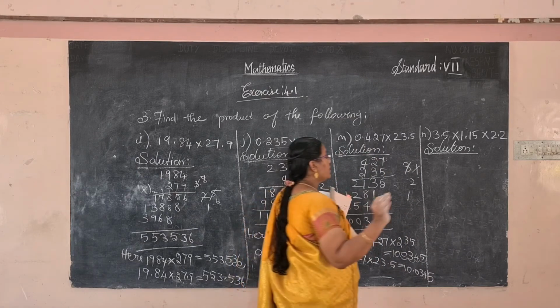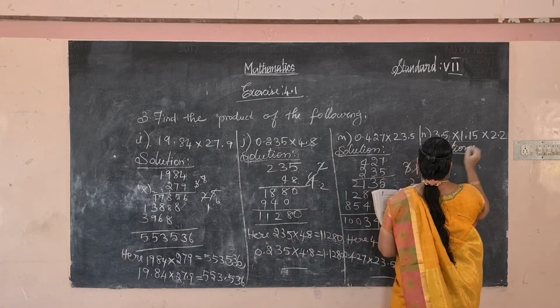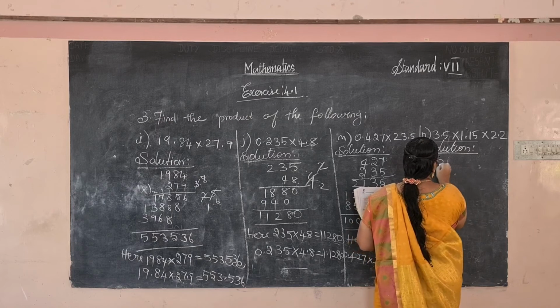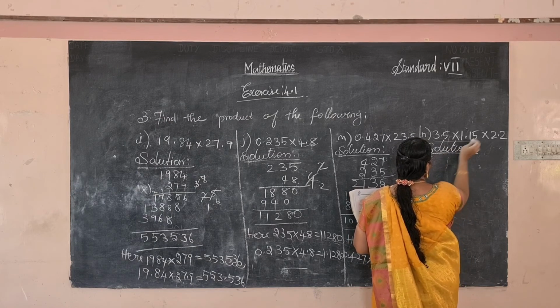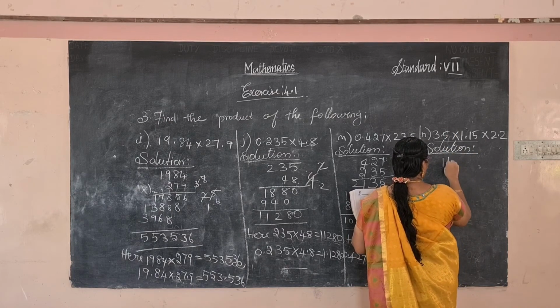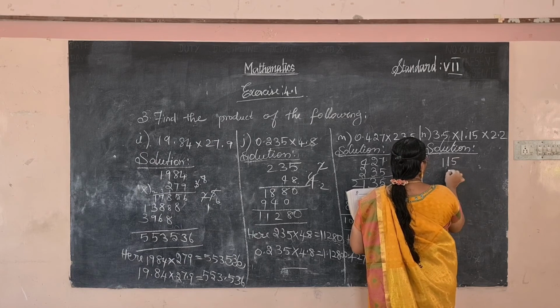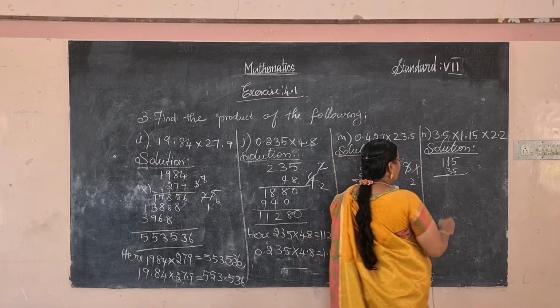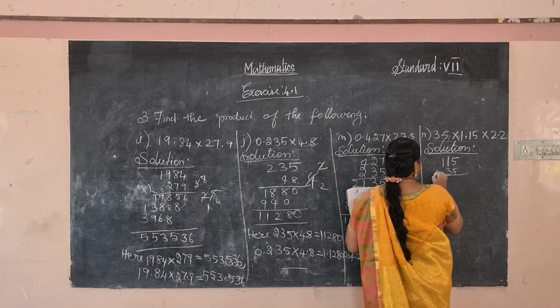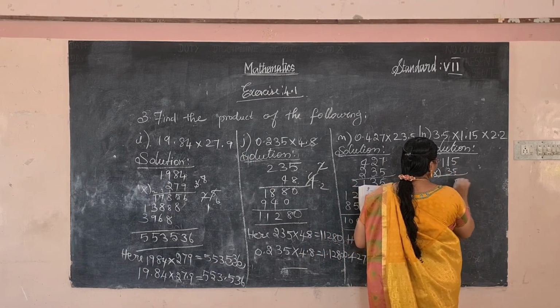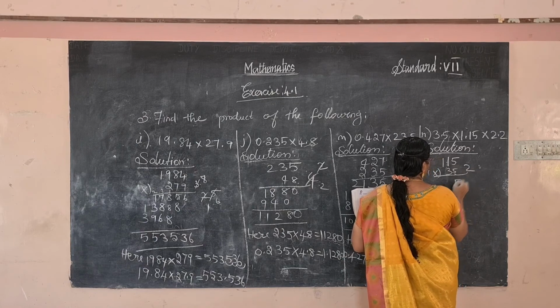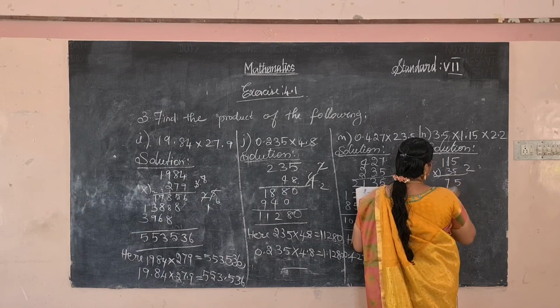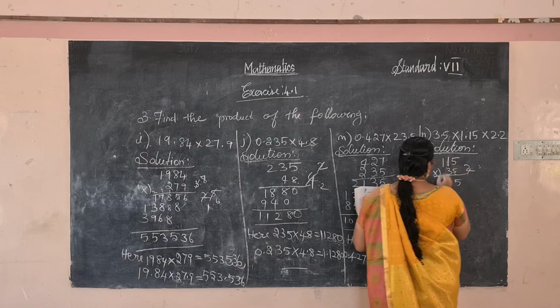Okay, so see, first we consider the first 2 decimal numbers. 35. Okay, I write the largest number first. After that, write the next, smaller number as 35. Okay, so now multiply these numbers. 5 5s are 25. 2 5 1s are 5 plus 2 is 7, and 5 1s are 5.